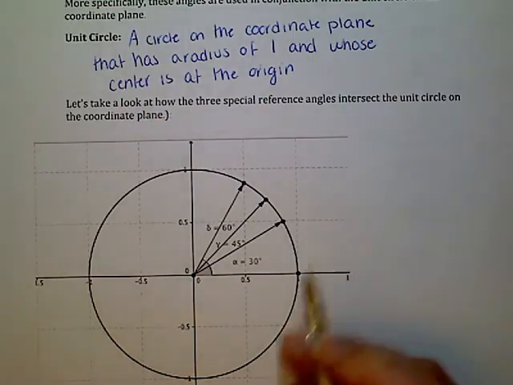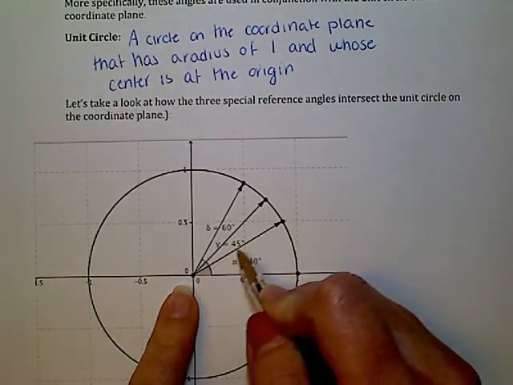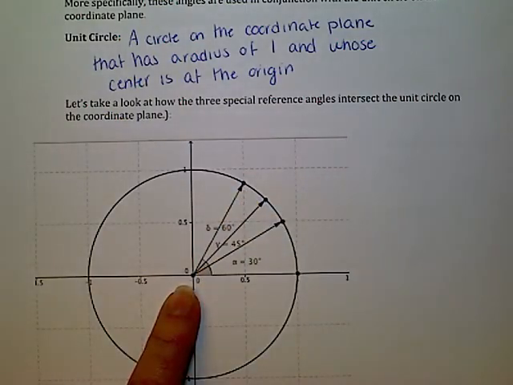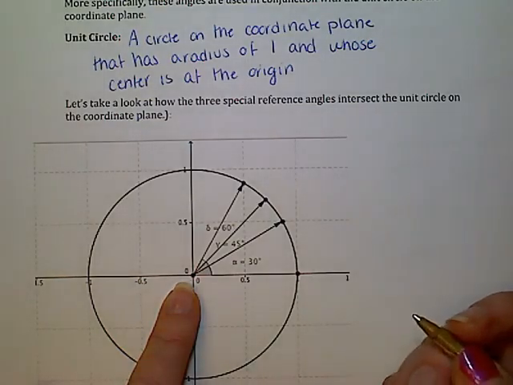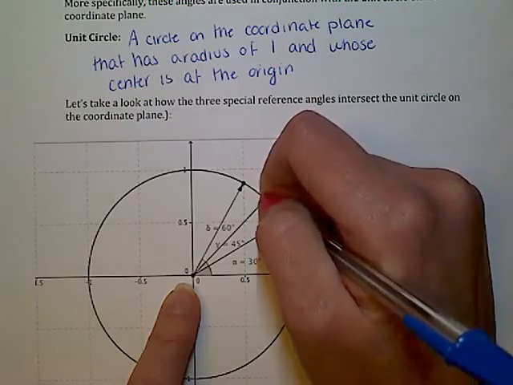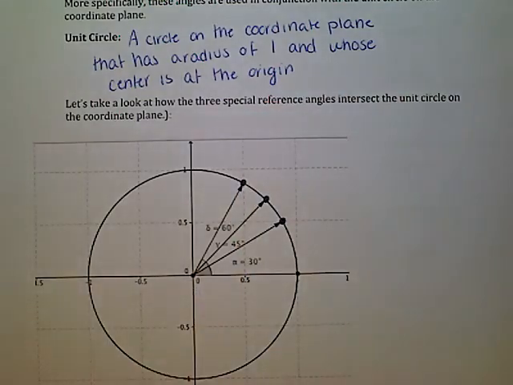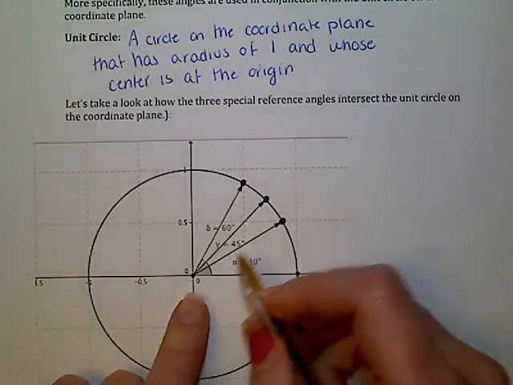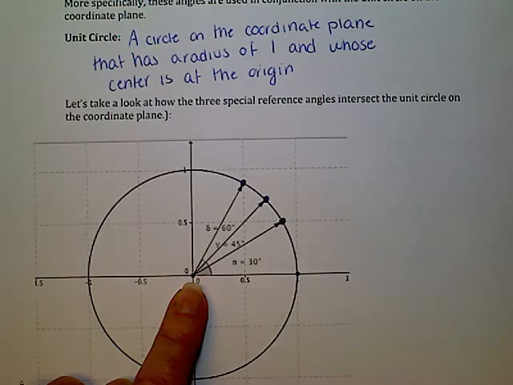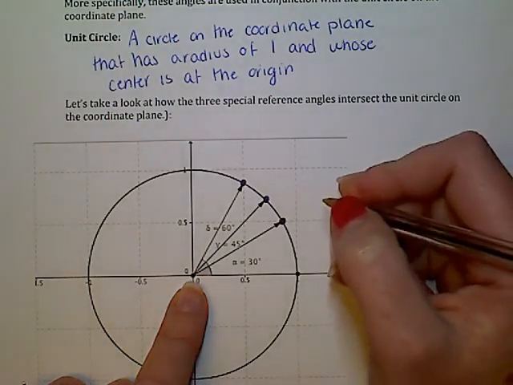And I also went ahead and put in these three important reference angles. Now, because these reference angles are used so often, we need to learn the coordinates of those 3 points. Basically, the point where the angle intersects the unit circle.